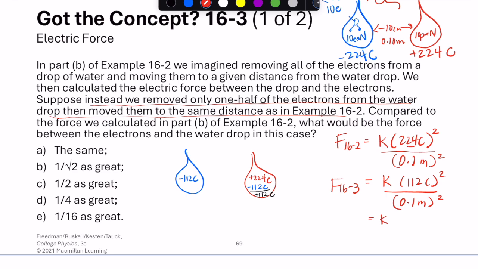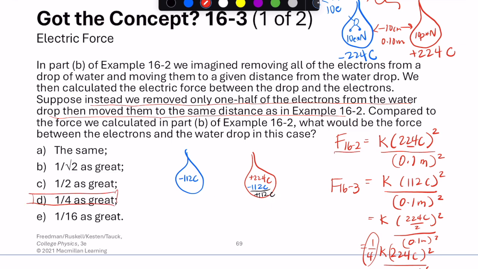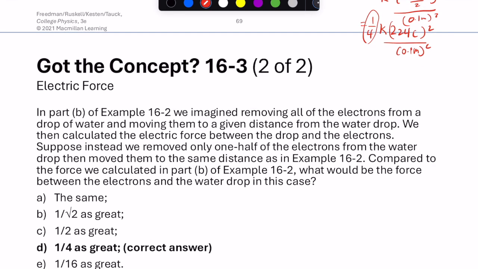So I can rewrite this as our old number squared, and then I can pull that 1/4 out. And I can see that our force is 1/4 as great as in example 16.2. So it should be 1/4 as great. Yeah, and that's the correct answer.